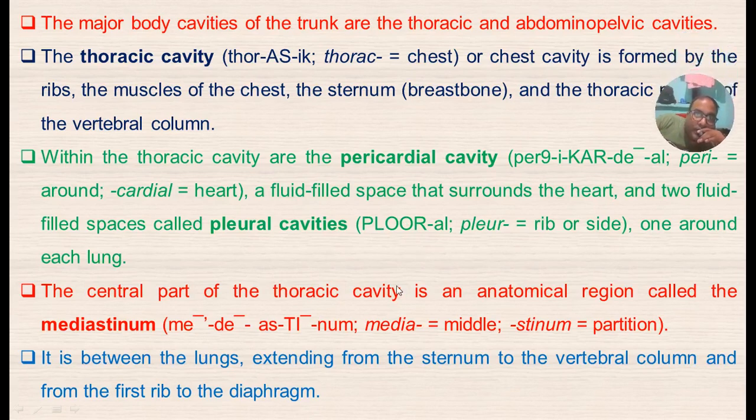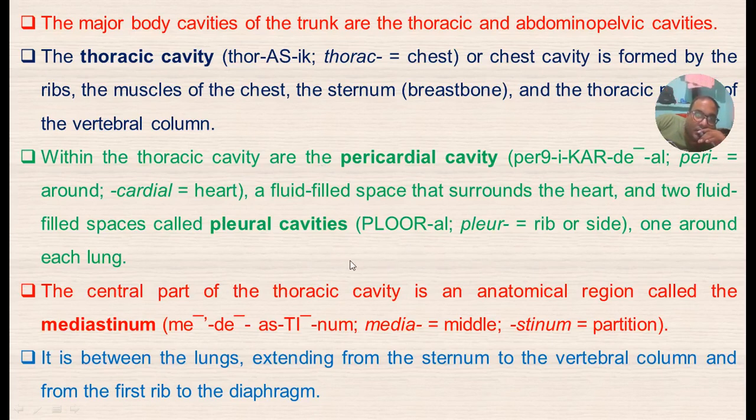The heart is pumping the blood, and the lungs help in breathing and exchange of gases. So these two organs are very important. So they need protection. They are protected by the bony cage-like structure, the thoracic cage, sternum, rib cage.